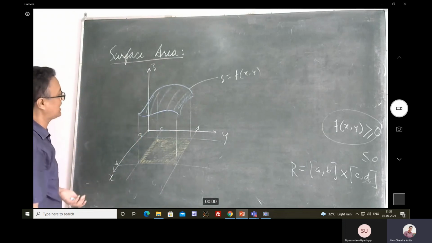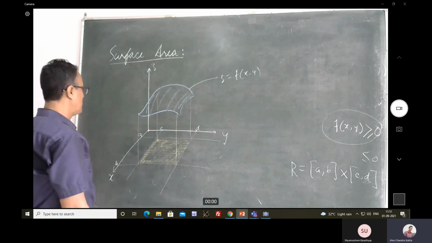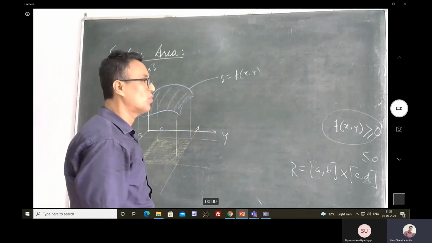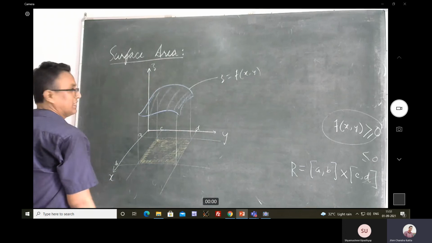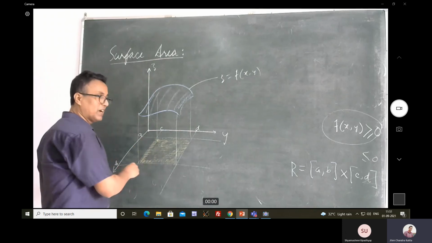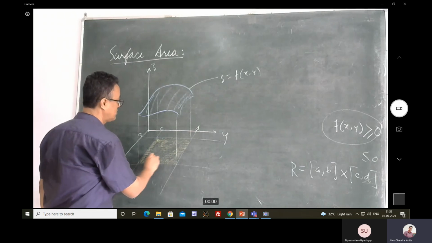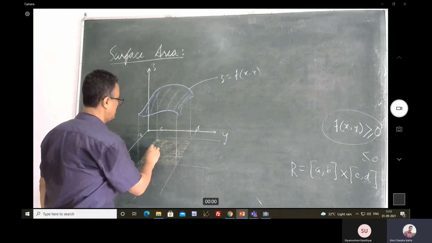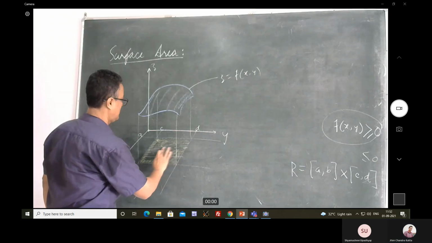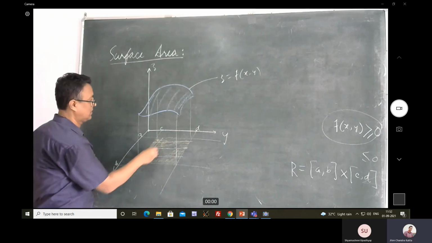So that means the surface lies above the xy plane. Okay. So then what I am going to do, again, is subdivide this rectangle into sub-rectangles, like this.